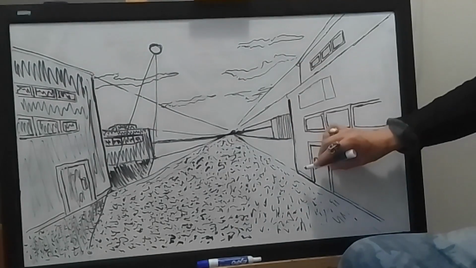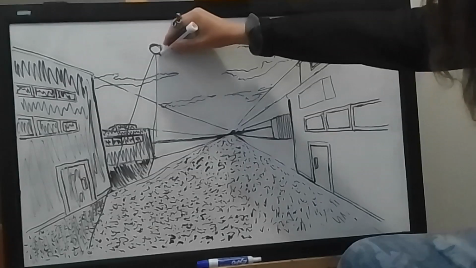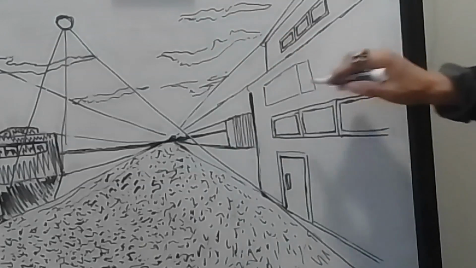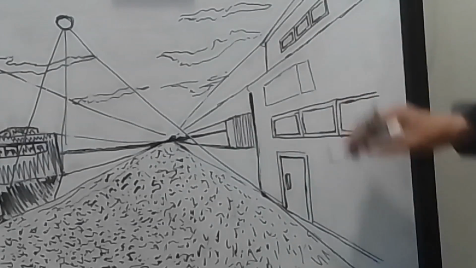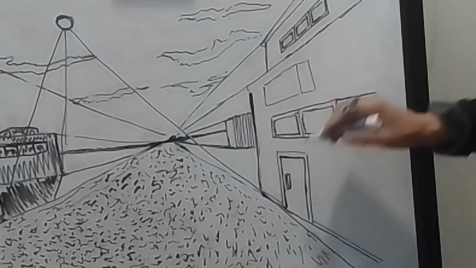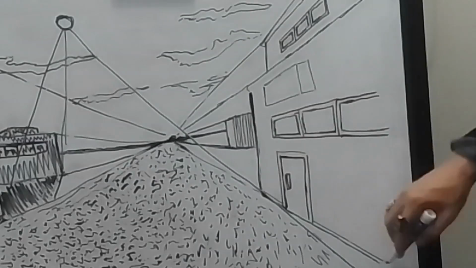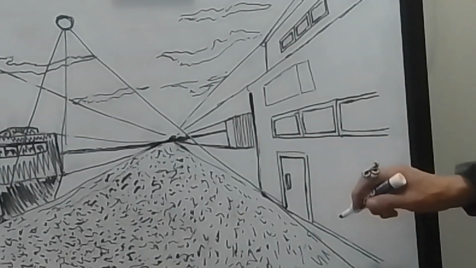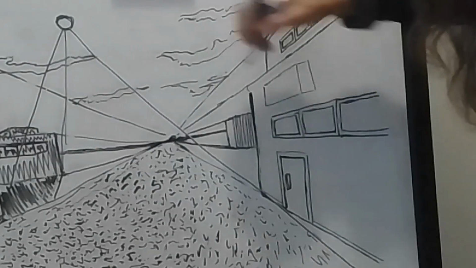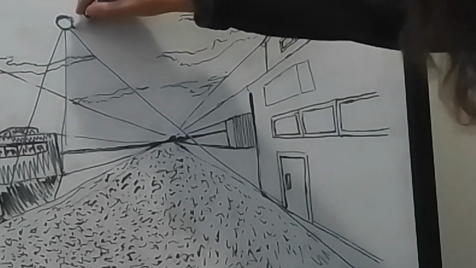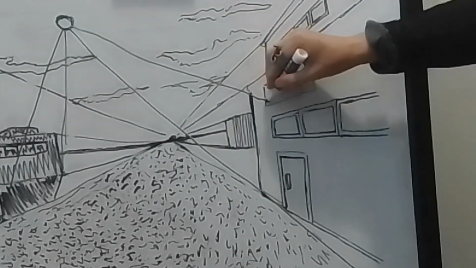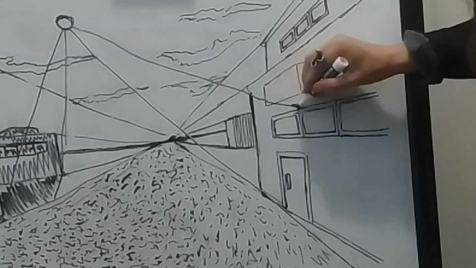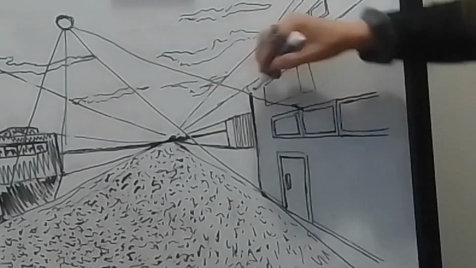Now over on the other side, let's say, I'm going to point this here, this is in the light, right? So we could use this vantage point line here from this light source to determine that. And let's say we want to put some shade on this one. So that is going to fall down here.